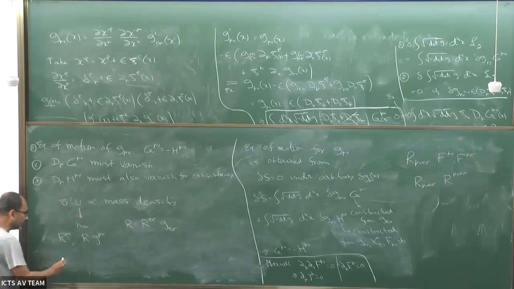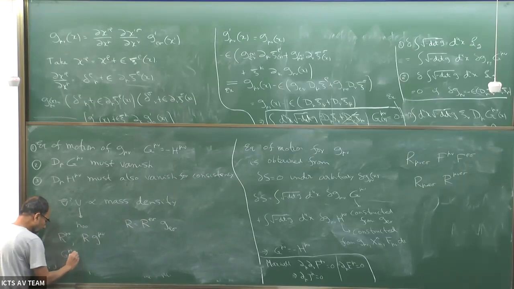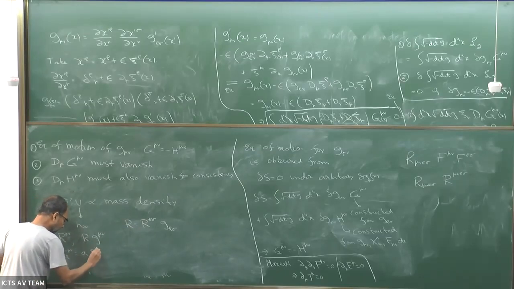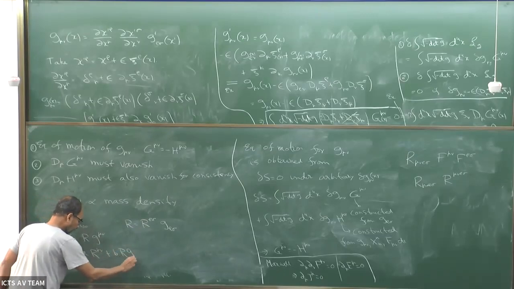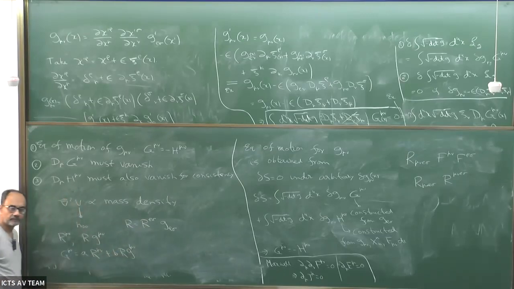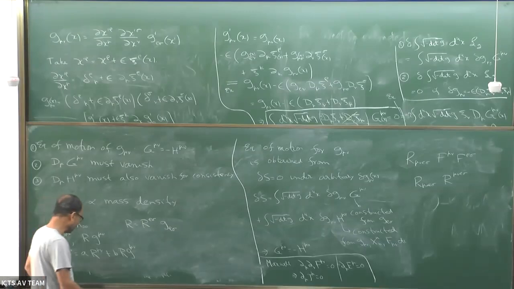So then we expect that G mu nu should be given by A times R mu nu plus B R g mu nu. And it has to satisfy this. So what is that quantity? You have seen it before? R mu nu minus, yes.